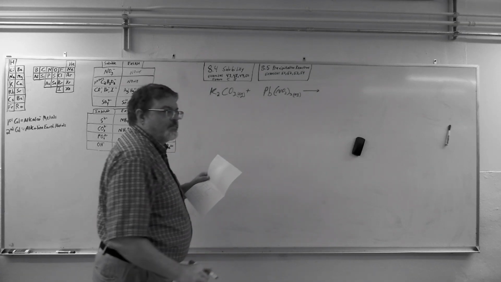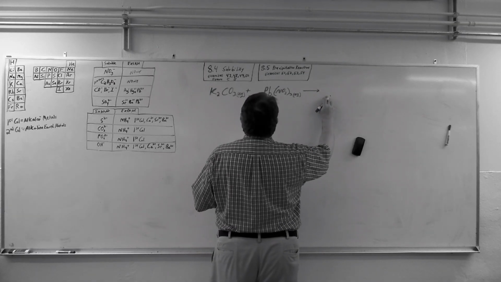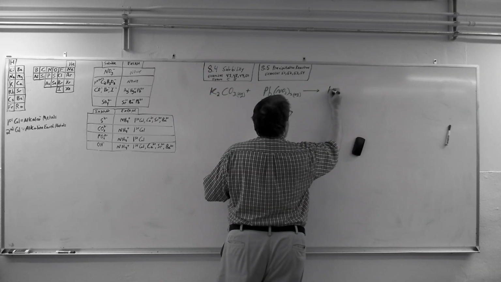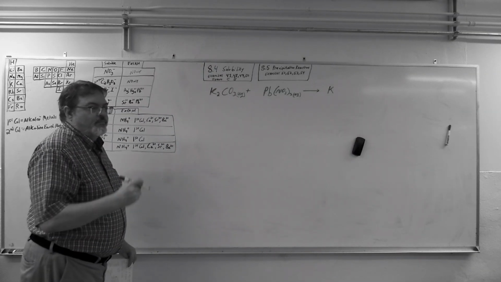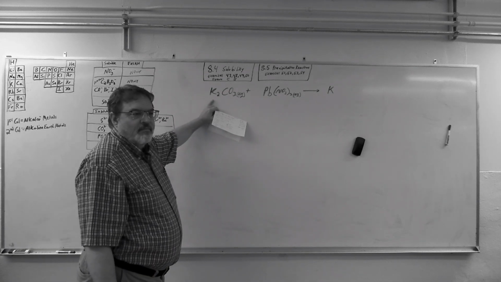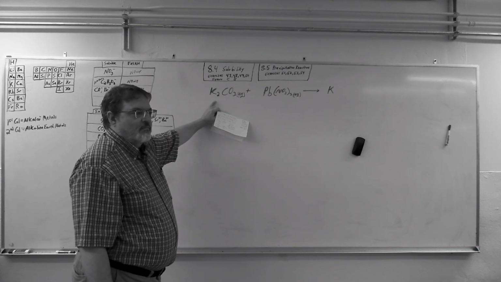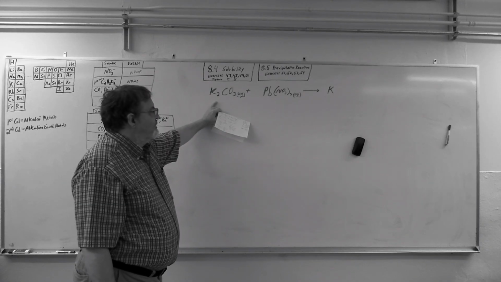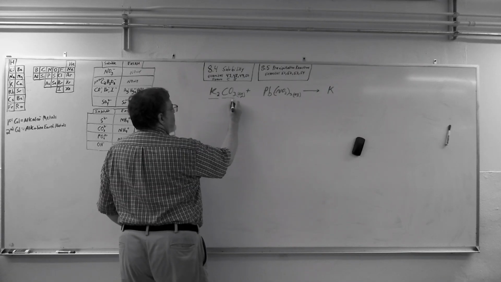So far, it's possible that we have a reaction. Now what goes over here? K what? KNO3. Positive ion, negative ion.